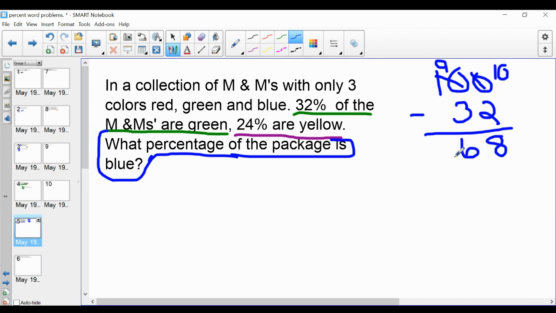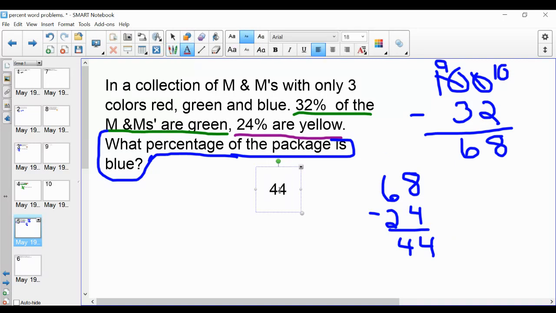So you could do it that way, but now don't forget about your 24% yellow. So we'd have to take 68 and subtract 24. We don't have to borrow here. 8 minus 4 is 4. 6 minus 2 is 4. So 44% of our package is blue.